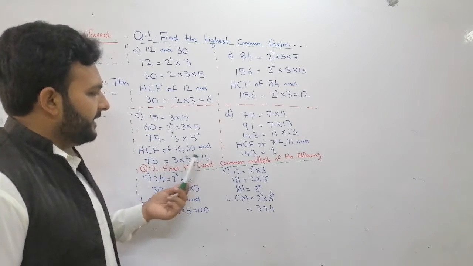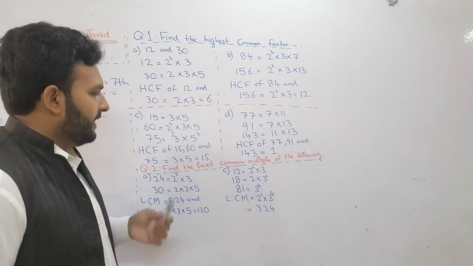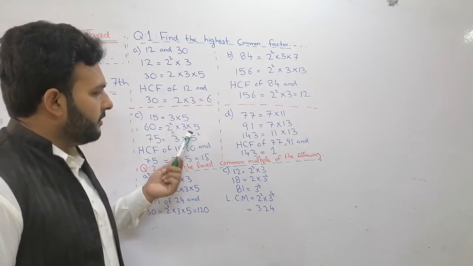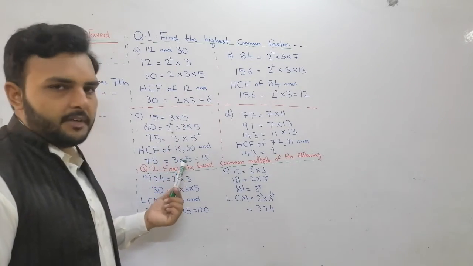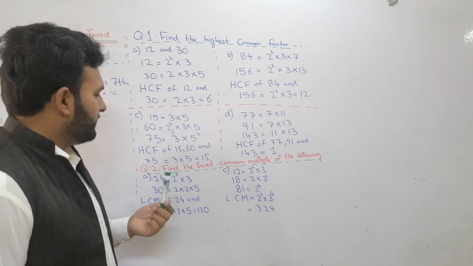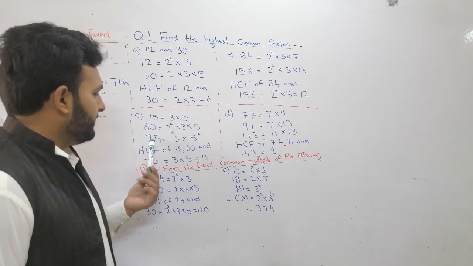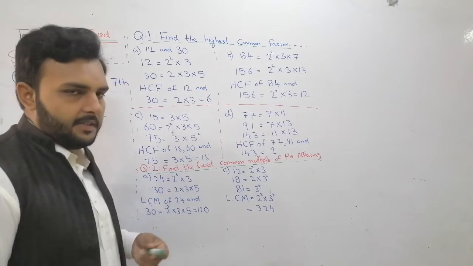So 3 into 5 is 15. The 5 is here two times, but common for one time, so we'll take 5 only. So the HCF of 15, 60 and 75 is 15.